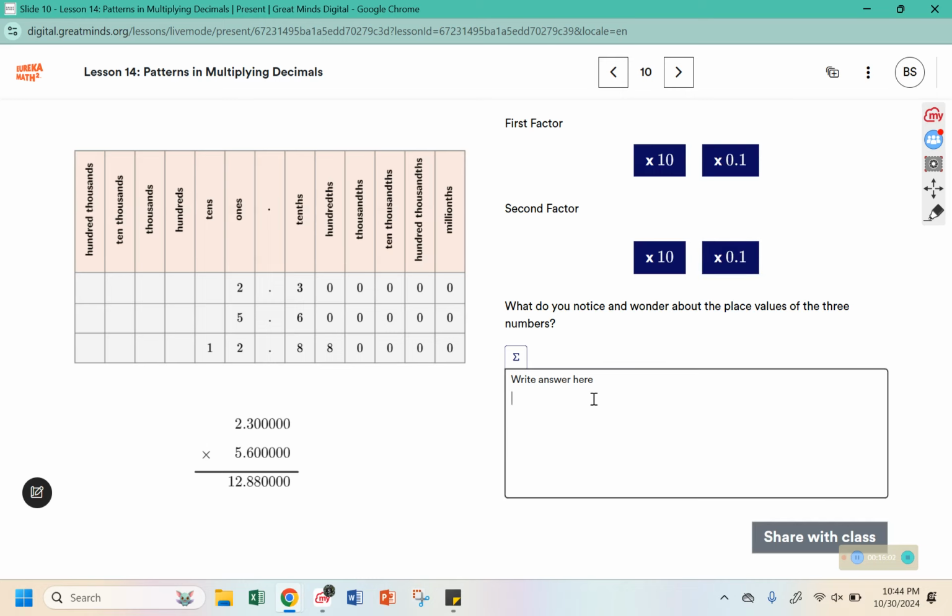So I notice when there is one decimal place in the factors, the product has one decimal place.